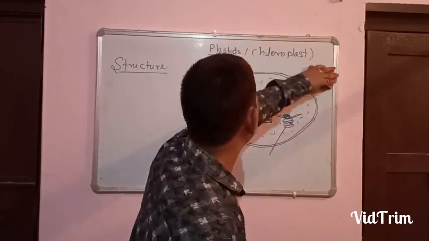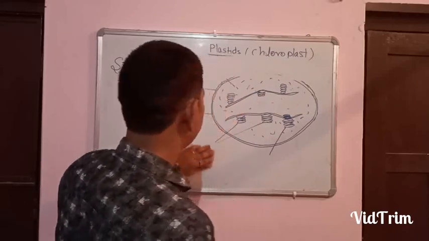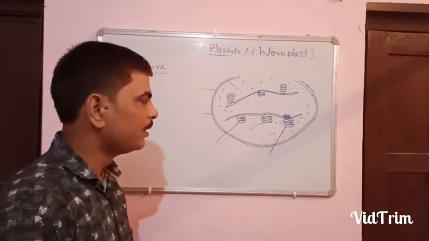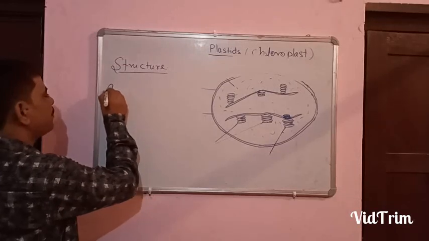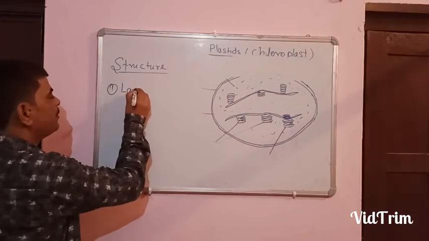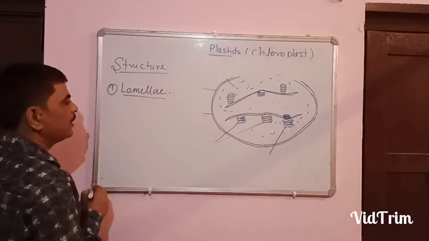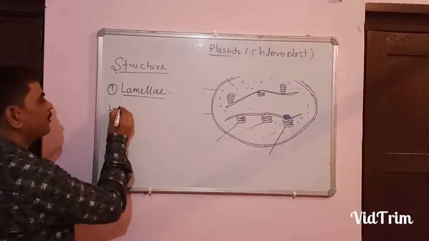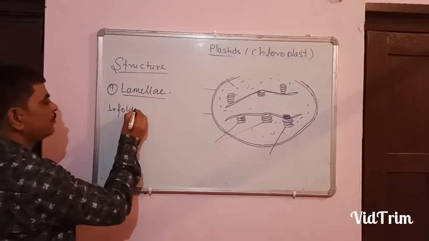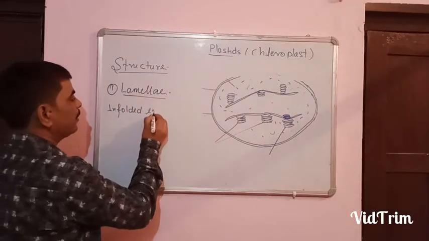See here. This chloroplast has two major parts. One is the lamellae. This lamellae is the infolded inner membrane.